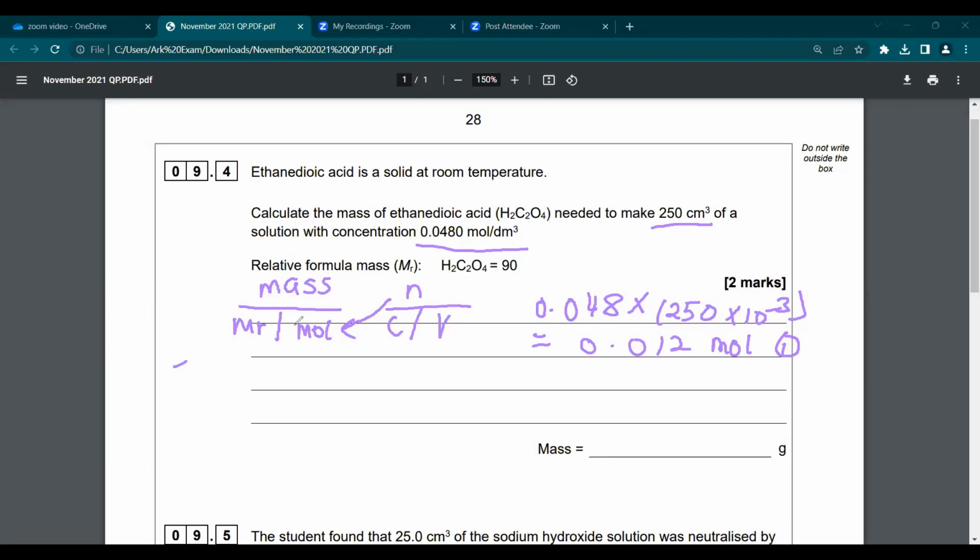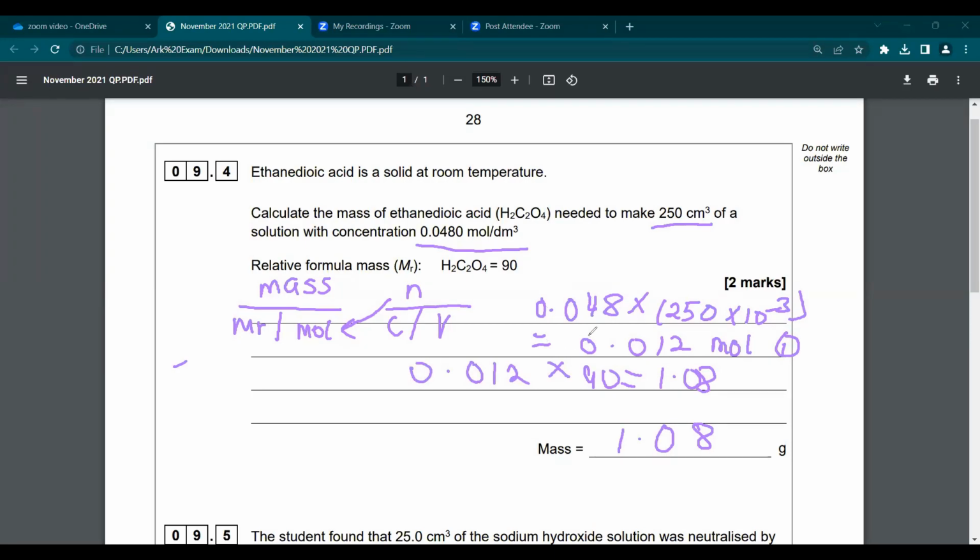And then from here, we are just going to plug this in to our first equation that we wrote here. So 0.012 multiplied by 90, which is the Mr that we were given, and that should come out as 1.08 grams. Now we're going to write it here as 1.08 grams and not round it, because in this question they haven't given us the number of significant figures that they want us to write the answer to.